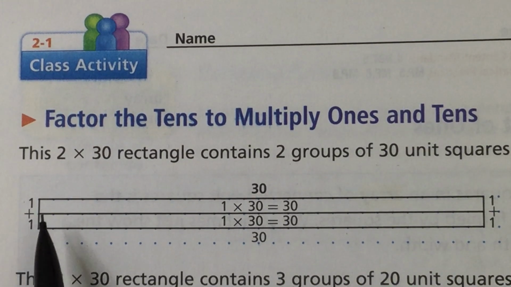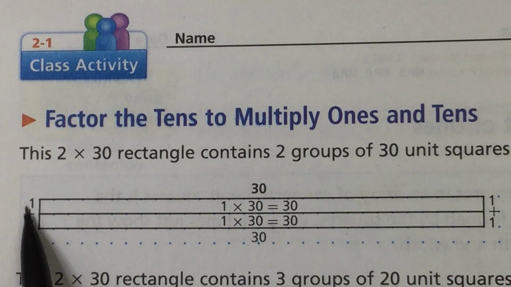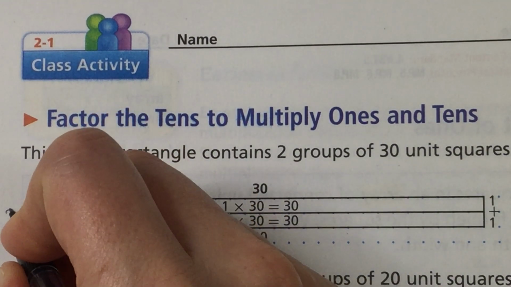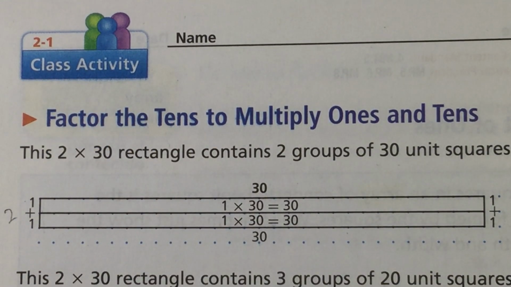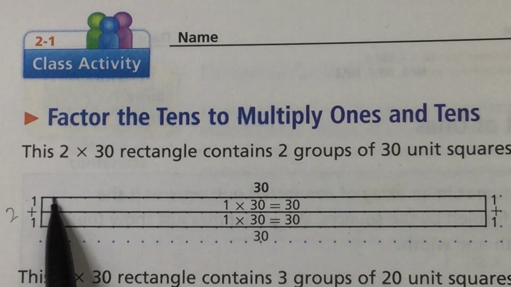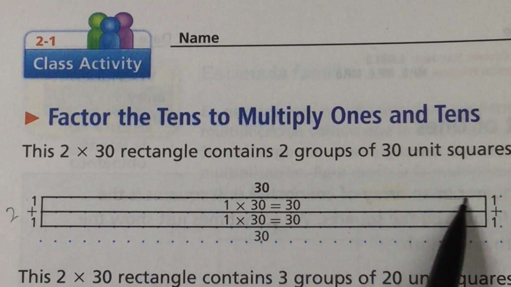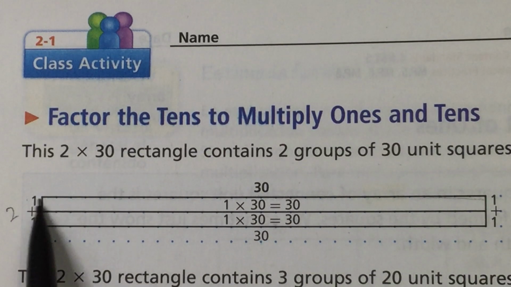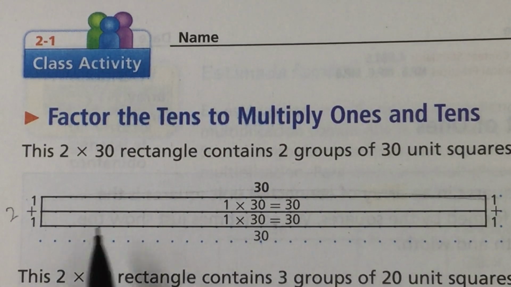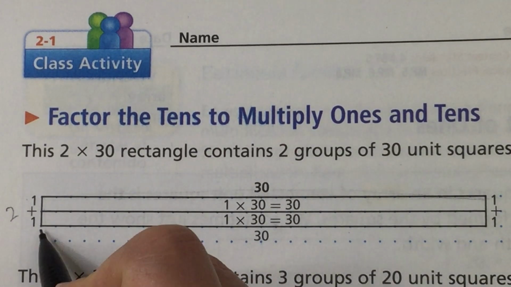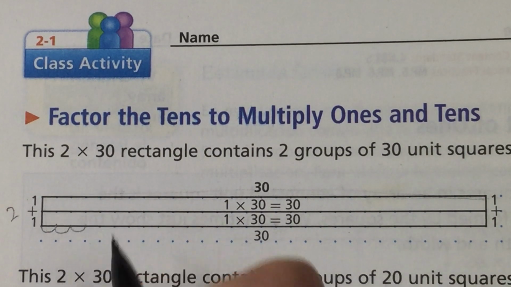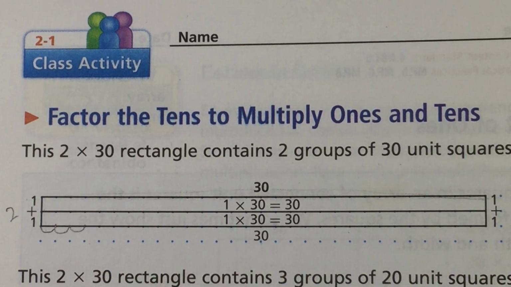So you can see that along the side, there's 1, 2. So it's a 2 over here. I'm going to write a 2 over there, but we know that that's 1 plus 1 equals 2. And then across horizontally here, how many columns do we have? We have 30, right? If you could count the space in between all those dots, 1, 2, 3, and keep going, you would get up to 30. So 30 by 2.